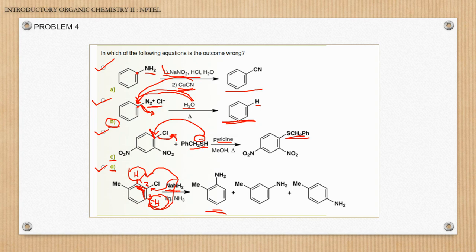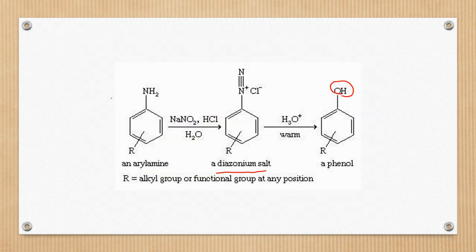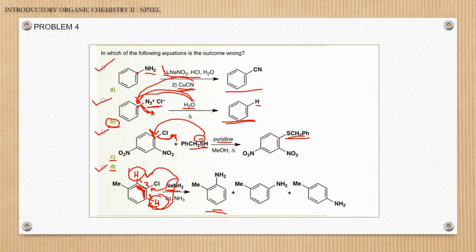So is this much clear to all of you, why B is wrong? Is it clear, guys, why B is wrong? Why you are getting an OH group at this position of the diazonium salt rather than hydrogen?